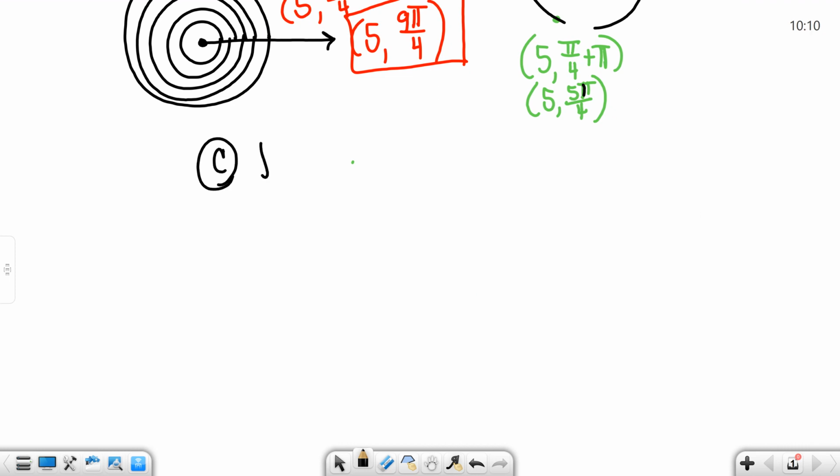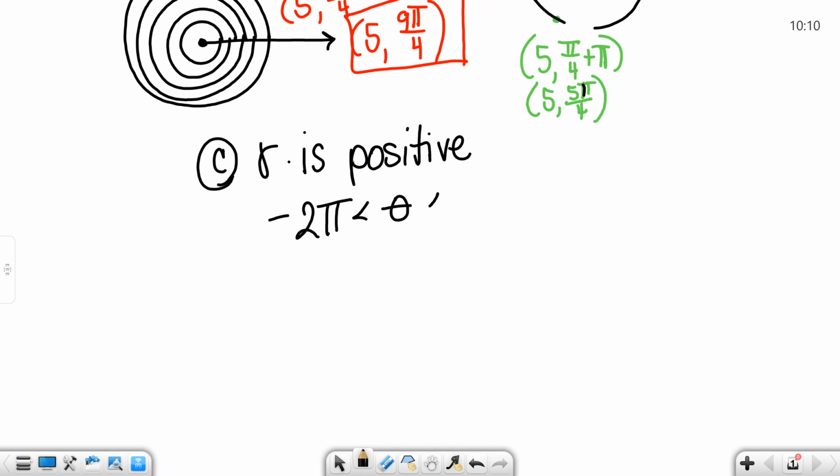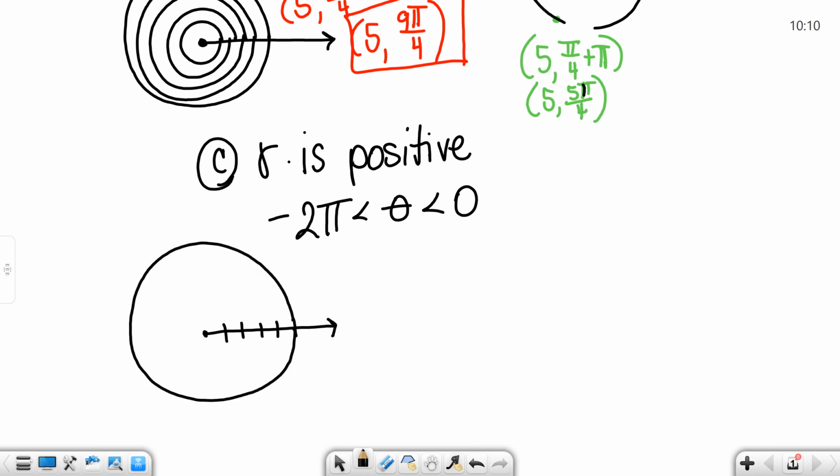If r is positive, go back to r being positive, and I want theta to be somewhere between negative 2 pi and 0. Okay, again, I'm going to start with 1, 2, 3, 4, 5. So this represents my 5th circle.